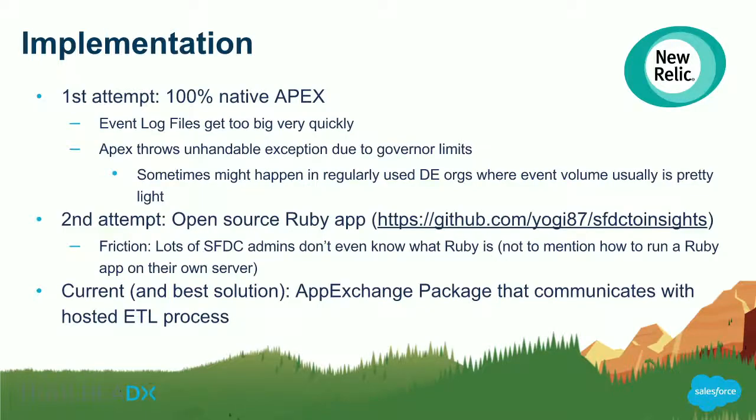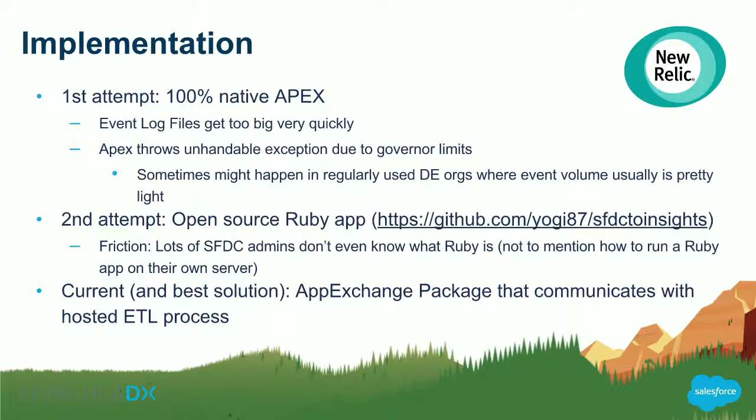I would assume that most of you are actually developers, but in my experience with Salesforce, most Salesforce admins aren't developers and don't necessarily come from a very technical background. So I was running into two challenges when trying to position that with Salesforce customers. Challenge one is, what is Ruby?